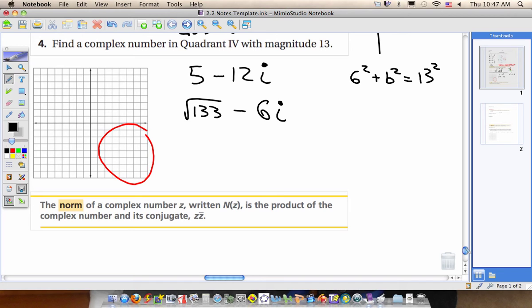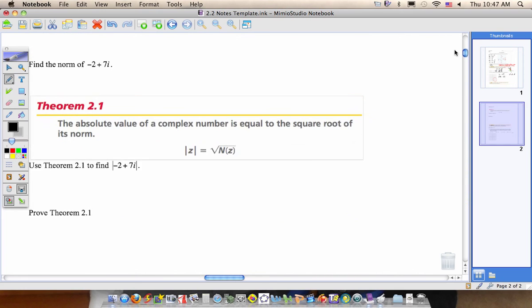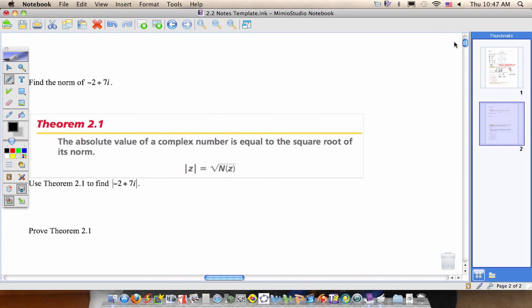Norm. Your book talks about the norm a little bit, and it's just saying take the number times its conjugate. It's called the norm. And the reason they talk about the norm is because that's another way you can find the magnitude. So here it says find the norm. So the norm of z was z times its conjugate.